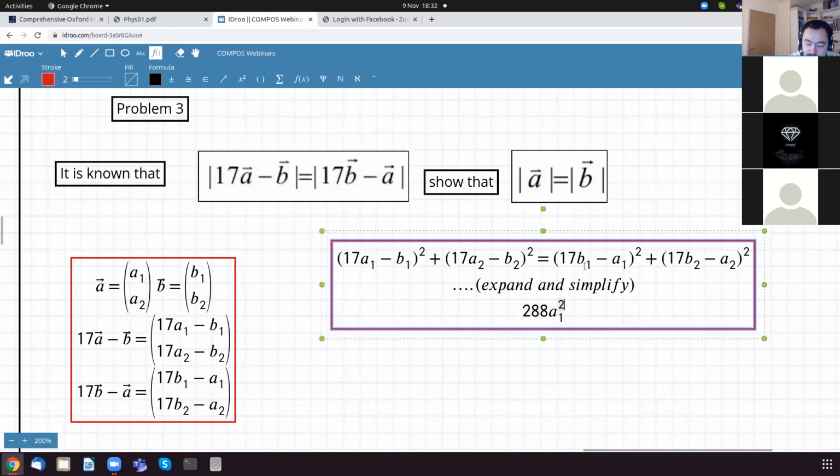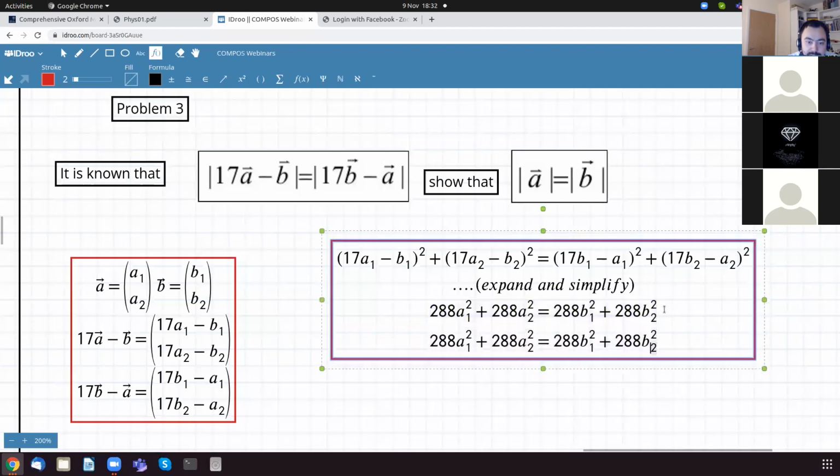squared plus 288a2 squared equals the same thing, but with b's: b1 squared and b2 squared. And you can divide this by 288.